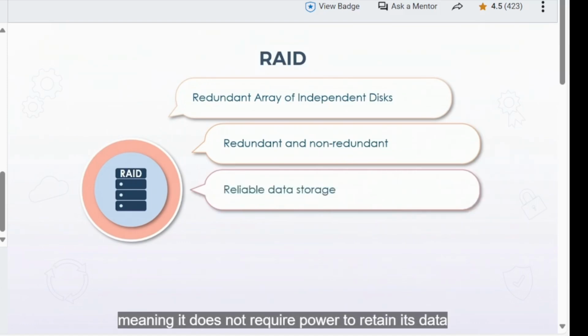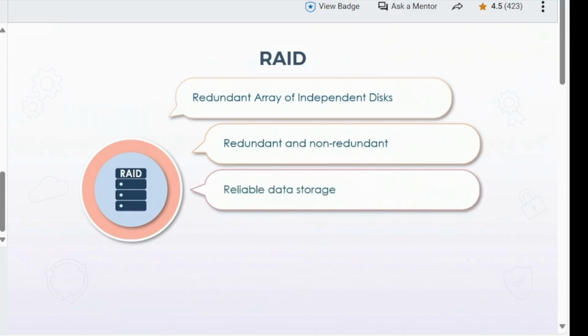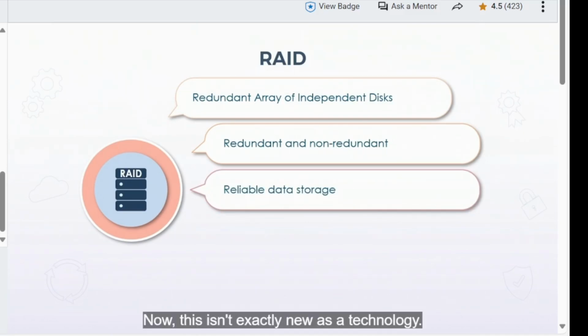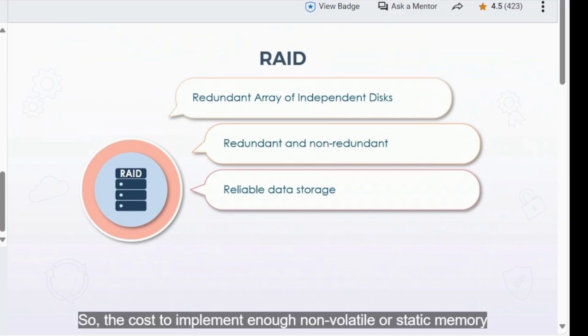Now, that said, all implementations of RAID use multiple hard drives to store the same amount of data, hence the A of array. So this introduces a potential vulnerability because what can happen if you are using multiple hard drives is that you are a little more likely to lose any one of those hard drives due to failure.